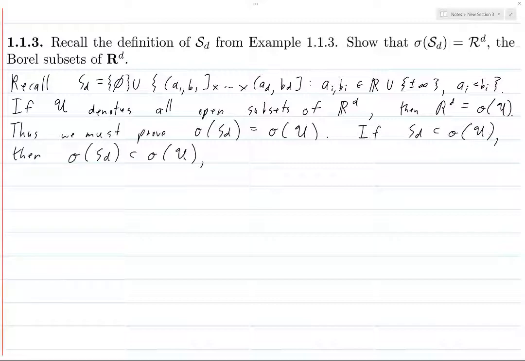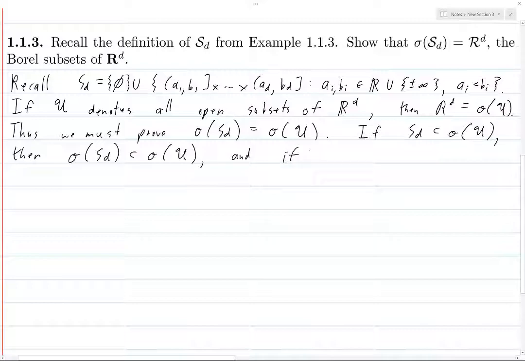The sigma field generated by U is one of the sigma fields containing S_D, so it's one of the sigma fields you're taking the intersection over, and therefore it must be larger than the sigma field generated by S_D. That confirms that if S_D is contained in the sigma field generated by U, then the sigma field generated by S_D is contained in the sigma field generated by U.